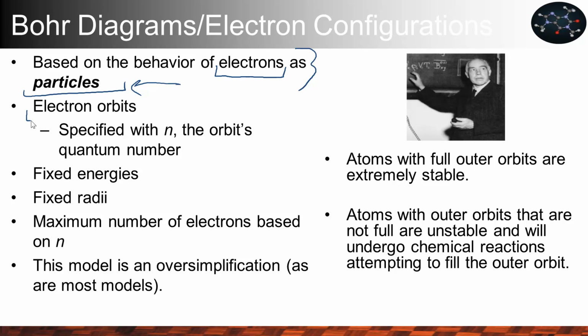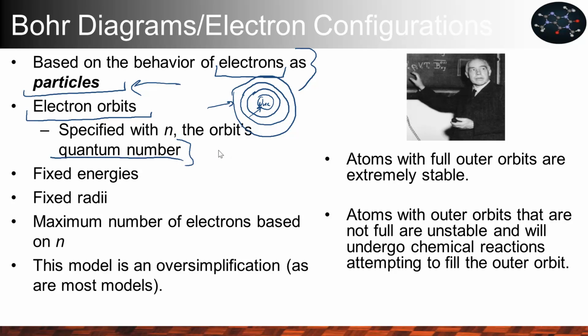And the orbits, you could then describe, were like, oh, the electrons are circling around the nucleus in the center, and these electrons are going around in different orbits, meaning different distances away from the center of the nucleus. And these orbits were specified with something called a quantum number, which was just given an abbreviation n.